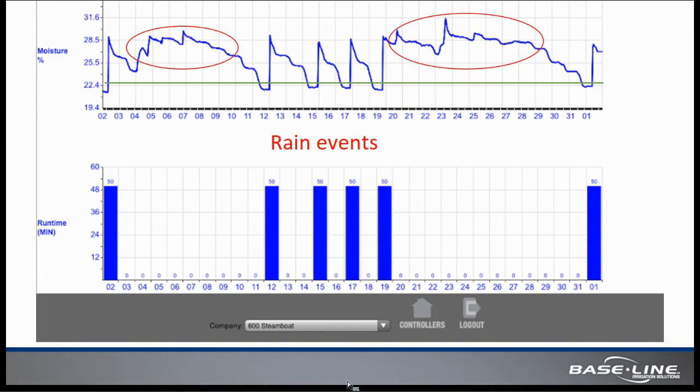We then went into a series of rain events where the sensor was able to account for that effective rainfall and subsequently eliminated the need to irrigate on subsequent days because there was enough water in that soil profile and available to the plant material, so those irrigation cycles were not required. So in the month of August, in a very arid climate, where there was thunderstorm activity available, we only watered 6 days for the entire month.